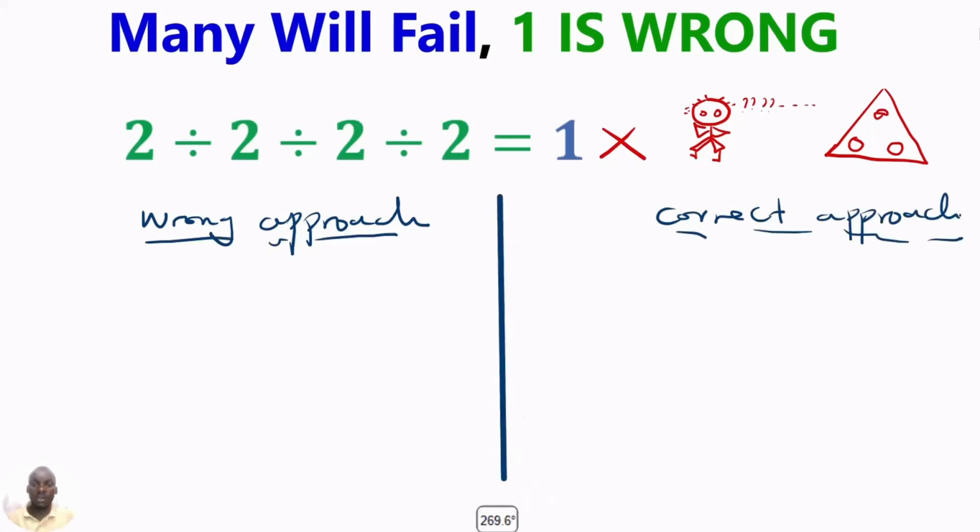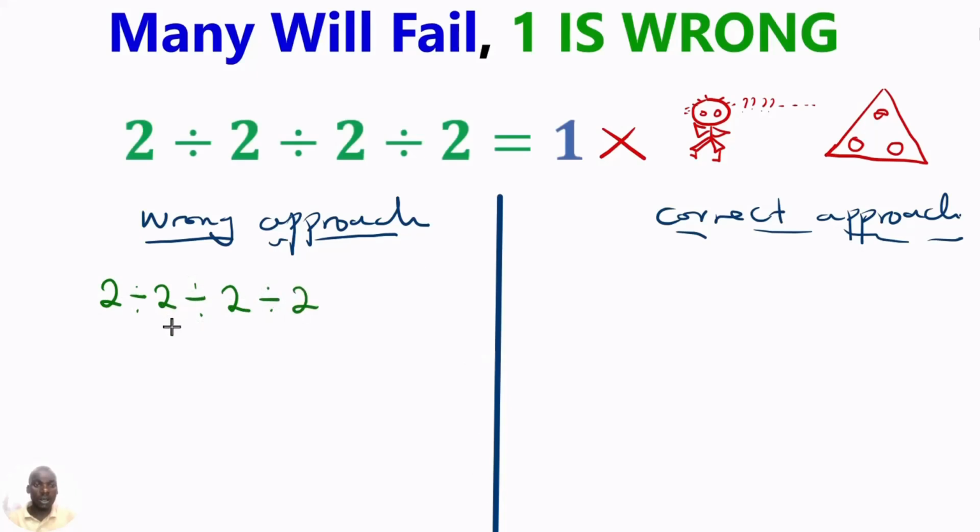Let us begin with the wrong approach, as we have 2 divided by 2 still divided by 2 and then divided by 2. Wrong there, one can begin by first dealing with the ones in the middle, whereby we have 2 divided by 2 to give us a 1. Then there is this division sign, which is divided by 2. Then this sign, which is divided by, then we have a 2.